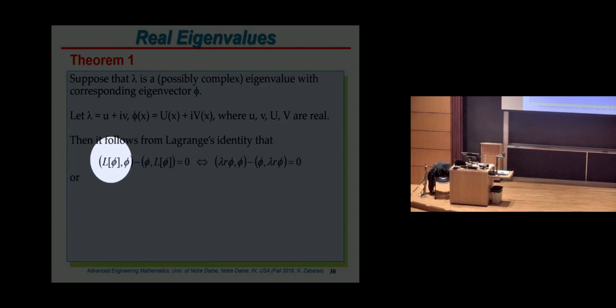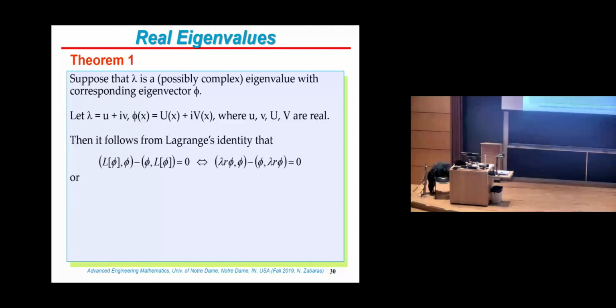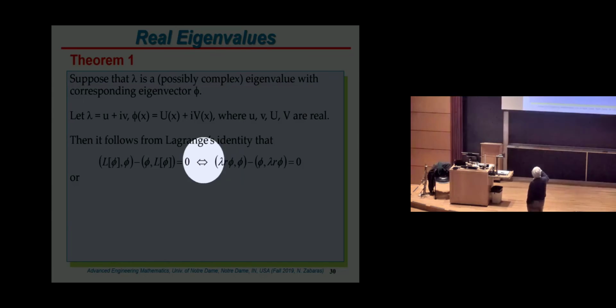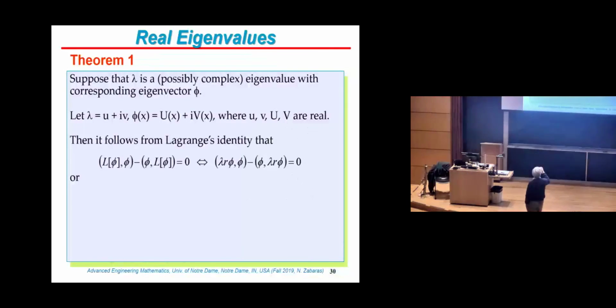So what is L of phi? Phi is an eigenfunction, so it's lambda times R of phi. You remember it's the solution to how my eigenvalue problem looks like, right? My eigenvalue problem is L operating on phi is lambda times R times phi. And I'm doing the same thing for L of phi there. So lambda times R times phi. And I can simplify.